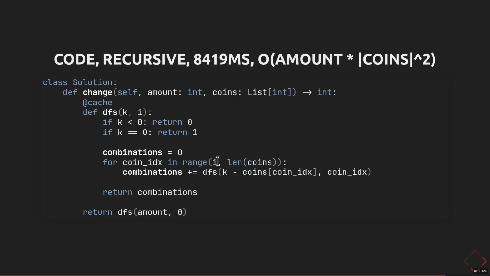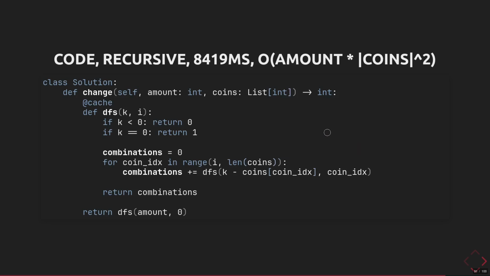So notice that I did this problem in a way where for this amount, I have a particular i. i is basically my start, and it's the start for the coin index. And the coin index is right here.